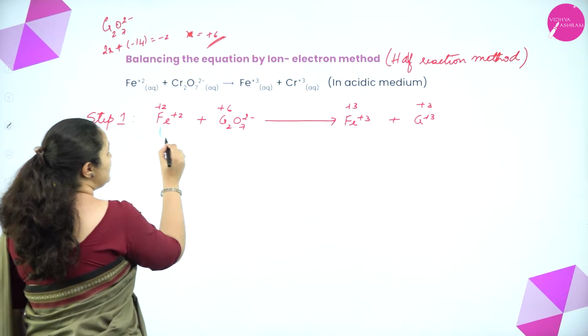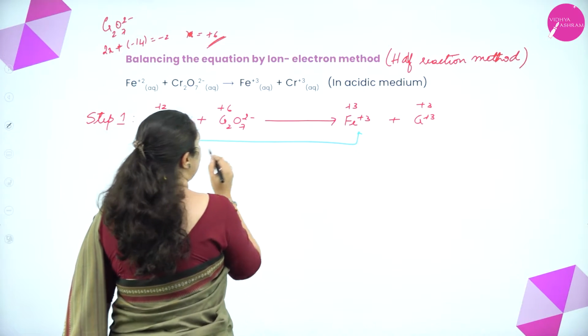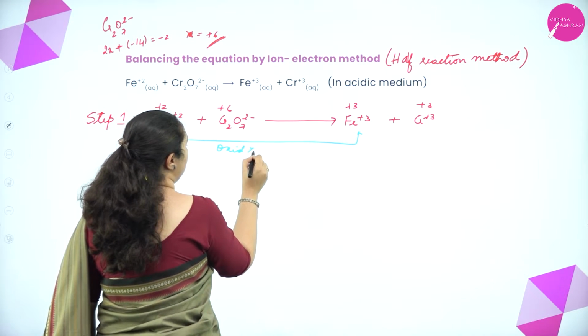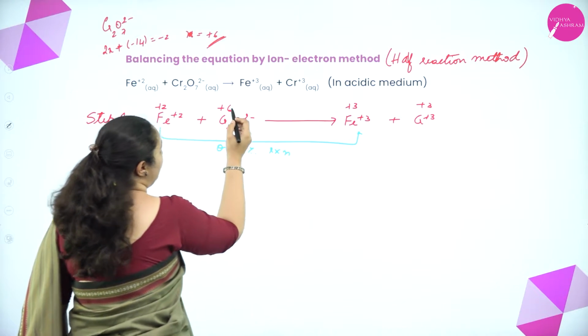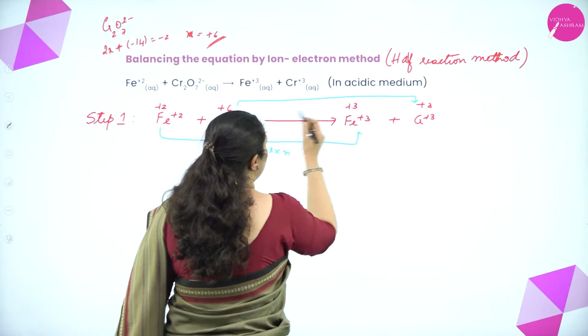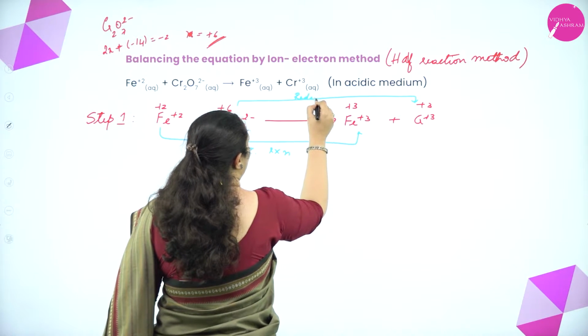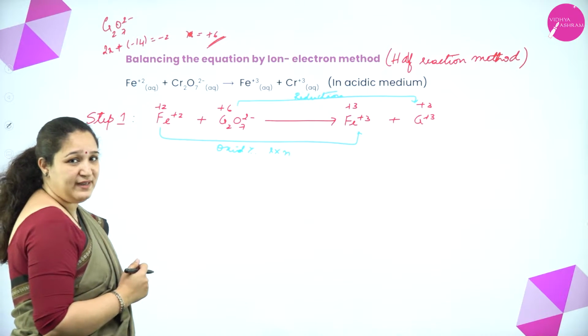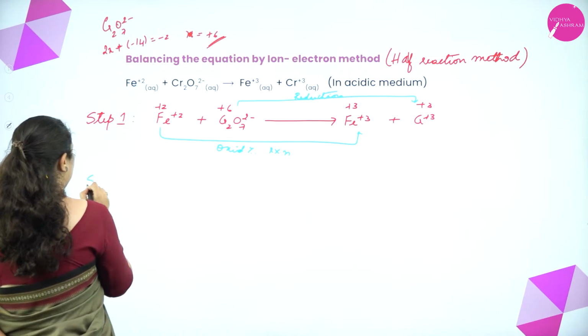Correct? Now plus 2 to plus 3, the oxidation number is increasing, so it is oxidation reaction, and from plus 6 to plus 3 it is reduction reaction.